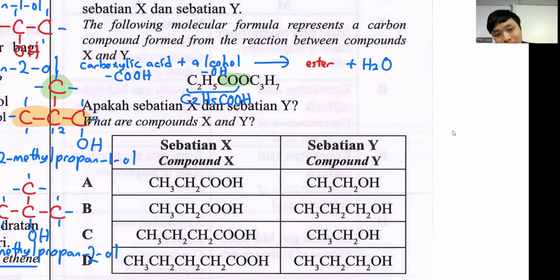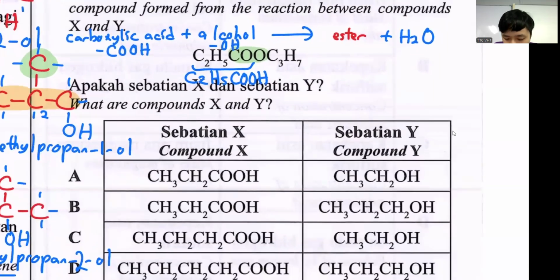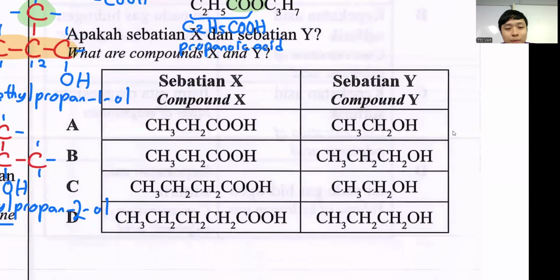This is just to tell you the name. C2H5COOH is called propanoic acid, 3 carbon. So you find which one has 3 carbon.